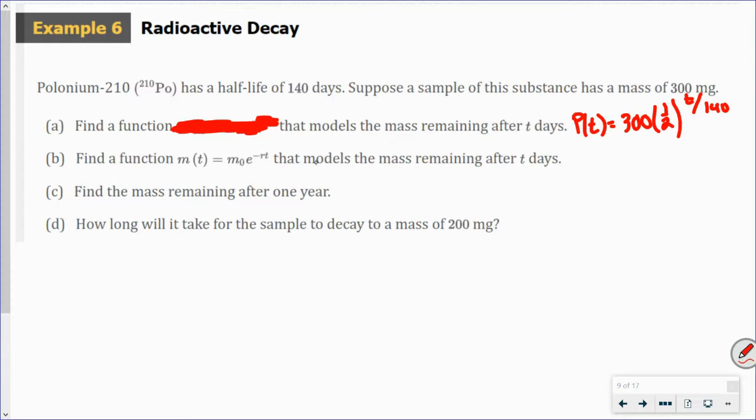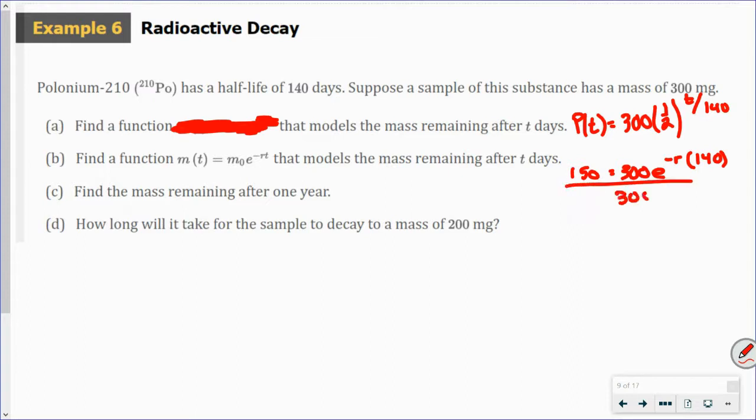For the relative rate, we still have to find r like before. Half-life means I'm dividing it in half, so after 140 days, if I start with 300, then I have 150. So 150 equals 300 e to the negative r times 140, because it took 140 days to go half.